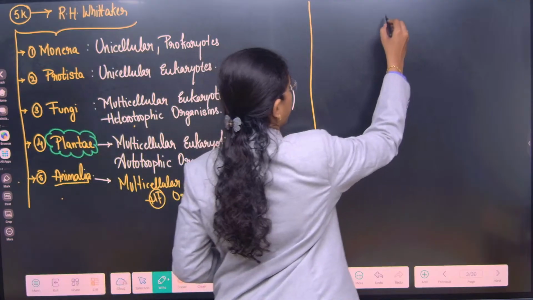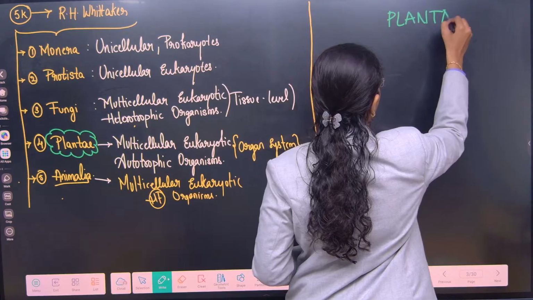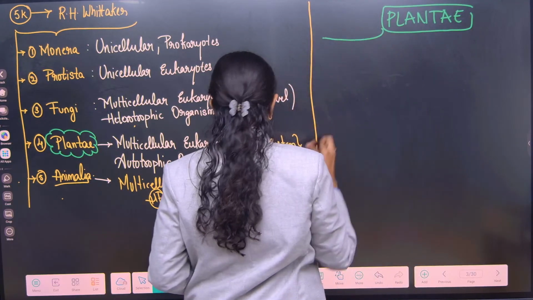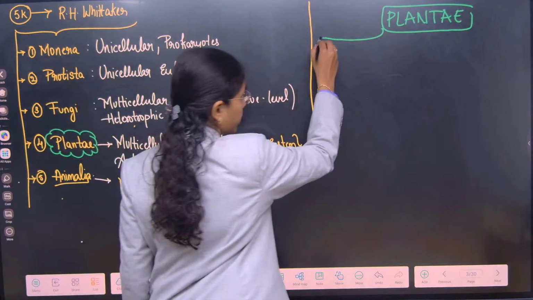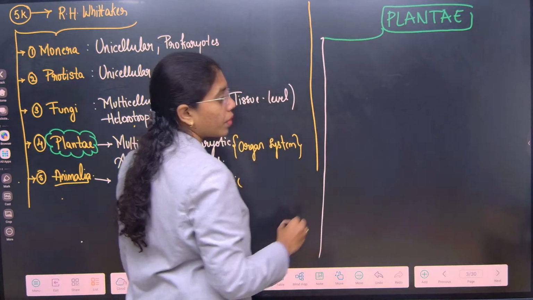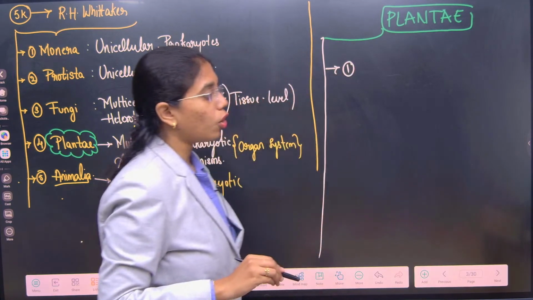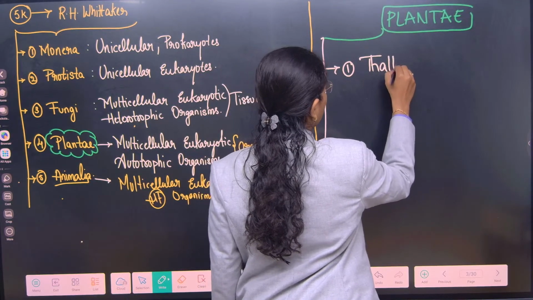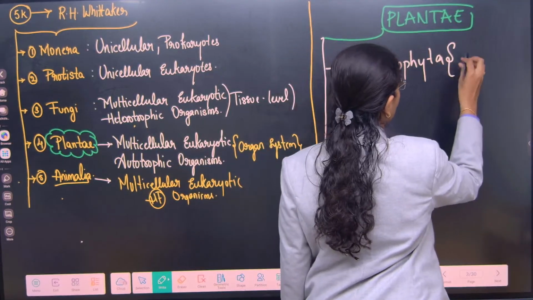Kingdom Plantae is divided into 5 divisions. First division includes Thallophyta, which includes algae.